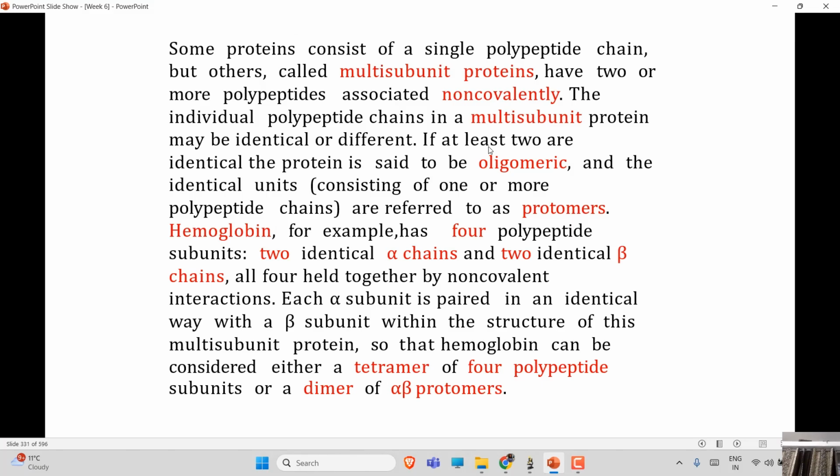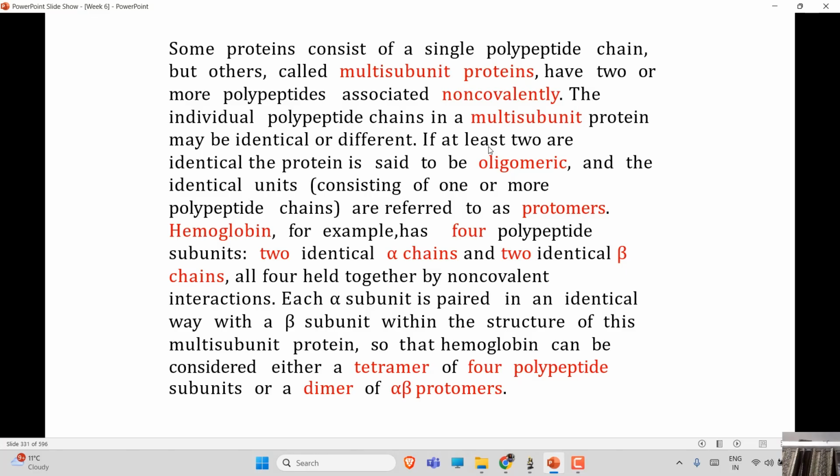Now, some proteins consist of a single polypeptide chain, but others are multi-subunit proteins that have two or more peptides associated with one another non-covalently. The individual polypeptide chains in a multi-subunit protein may be identical or different. If at least two are identical, the protein is said to be oligomeric, and the identical units are referred to as protomers.